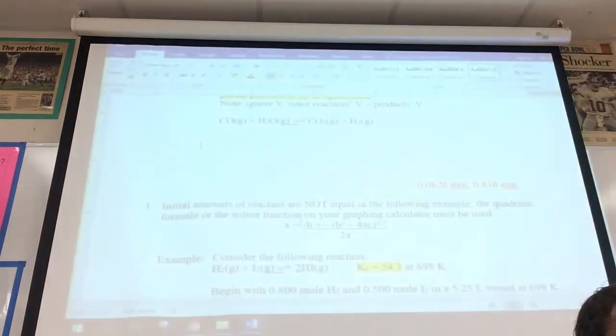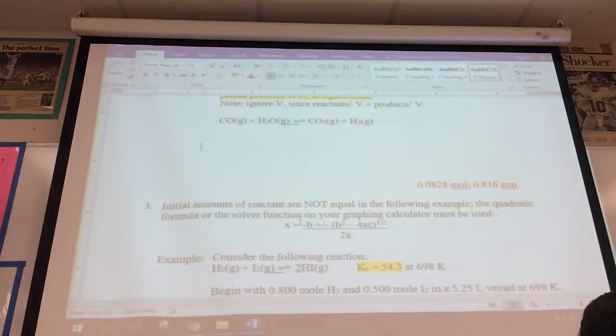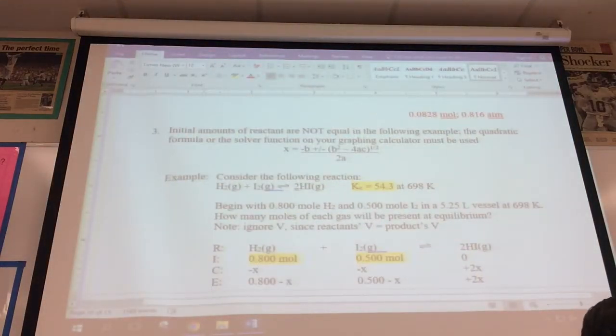All right, so let me show you this. This is where the solver button with the quadratic is a godsend. But we'll go ahead and walk through. If the initial amounts of reactant are not equal, then you're going to need the quadratic because you're not going to be able to take the square root of both sides.